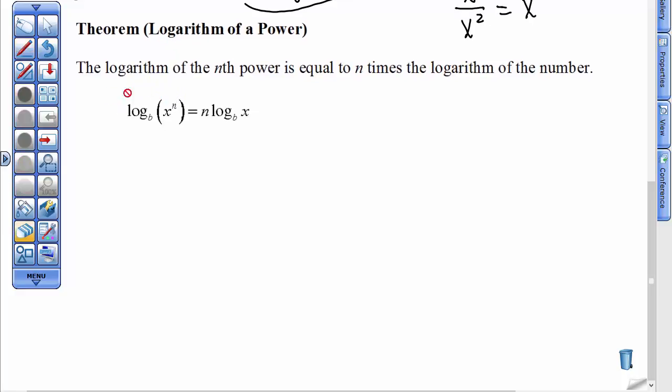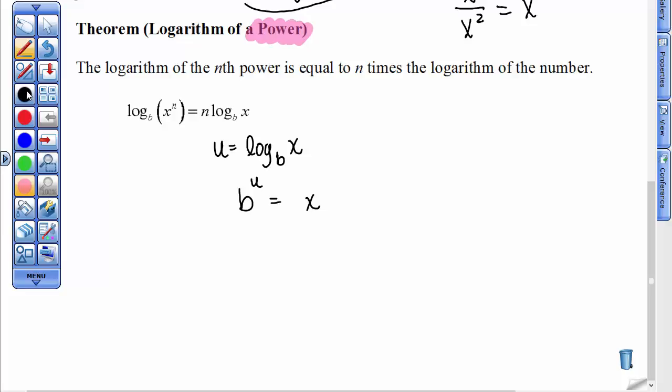So I'd like to share with you that if we let u equal the log of x where the base is b, and then we put this into exponential form, but we're trying to study this logarithm of a power.